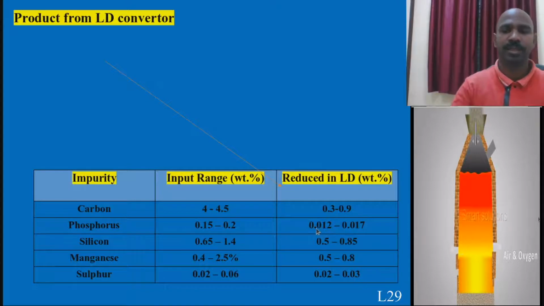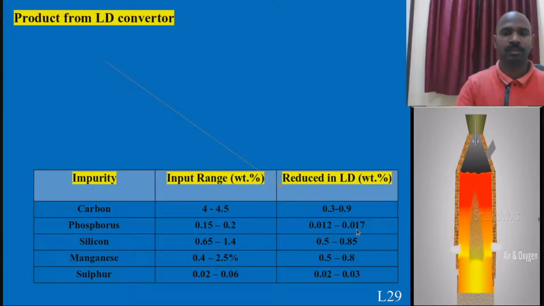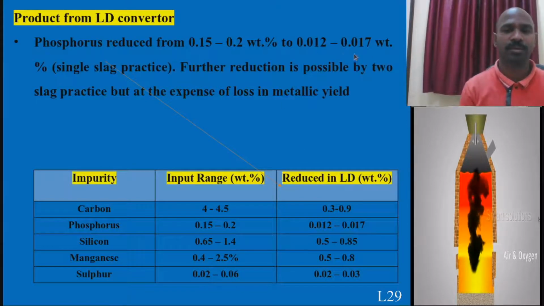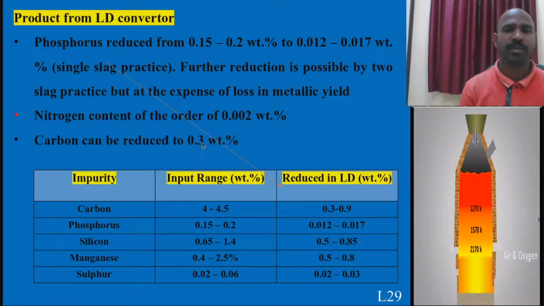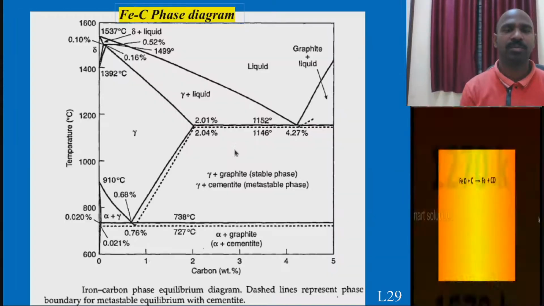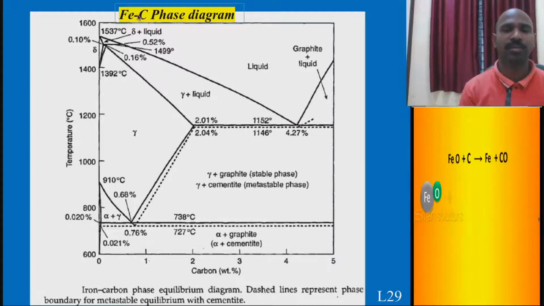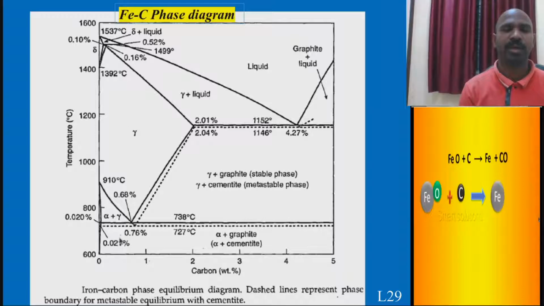Similarly, phosphorus is reduced to 0.01 to 0.017, nitrogen to 0.02 percent, and carbon to approximately 0.3 percent. The importance of the iron-carbon phase diagram is in what kind of steel is produced.